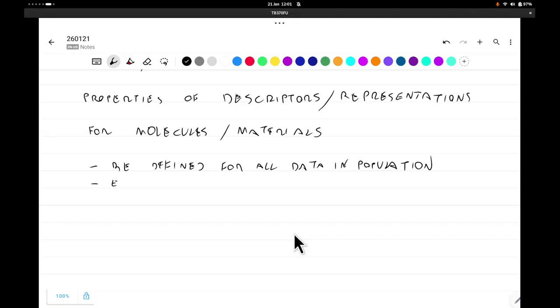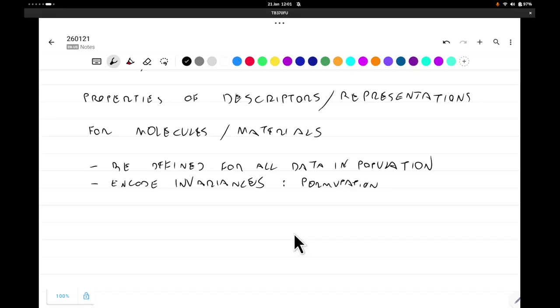Very important now, more specific to molecules and materials, but not so specifically, is that the descriptor should encode, should be aware of and be consistent with all the known invariances, right? So if we think about a system of atoms, we need, say, permutation of the atom labels, right?